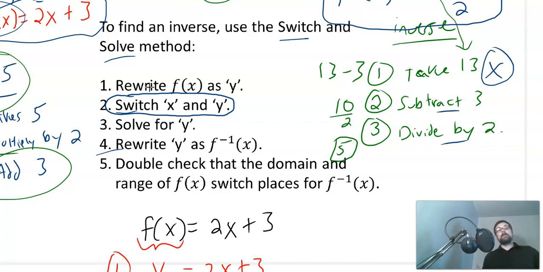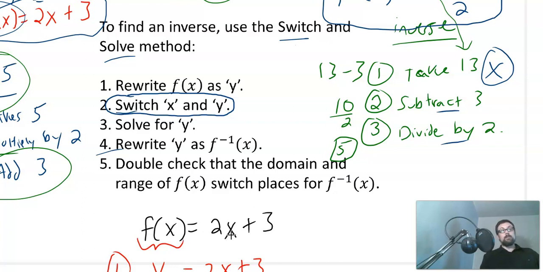And 90% of the time, it automatically does that without us having to even worry about it. So when we switch x and y, remember, sorry, I'm saying the wrong thing. The domain is what x is allowed to equal. The range is what y is allowed to equal. I don't know what's wrong with me. When we switch x and y, the domain and range should also be switching.